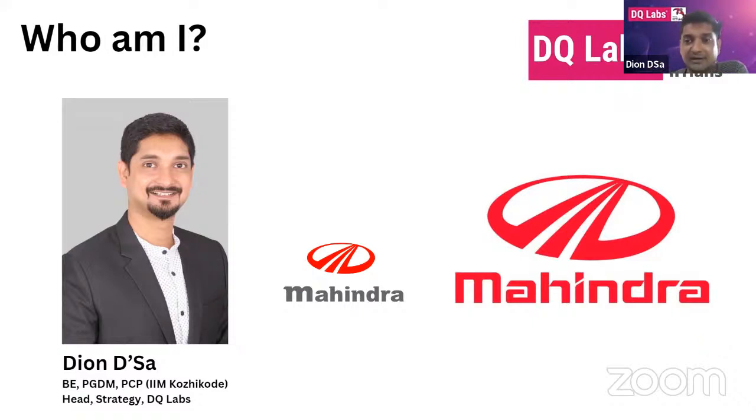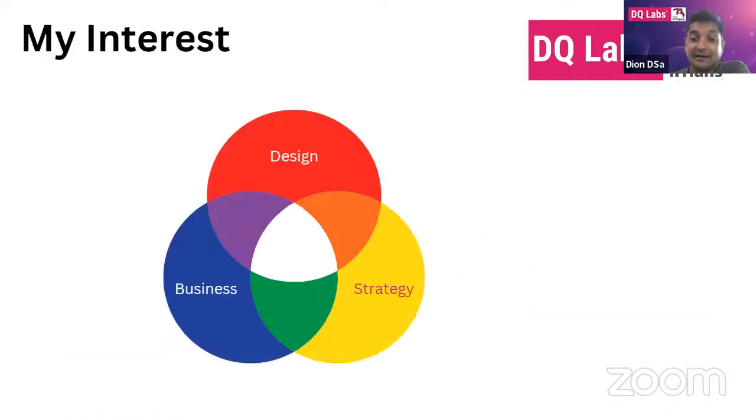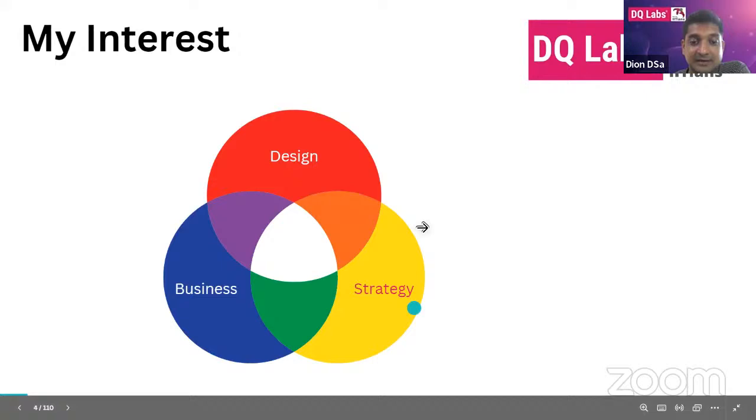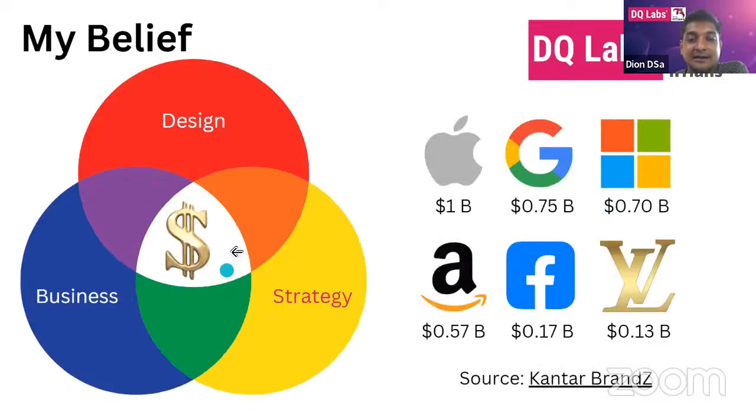It was a very complicated, very significant project, and I was fortunate to be part of it, and I had to implement it for the automotive sector across. So my interest lies in combining design, business, and strategy, because when you have all these put together, a lot of value is created.